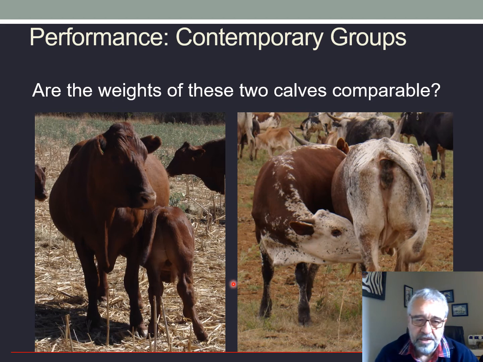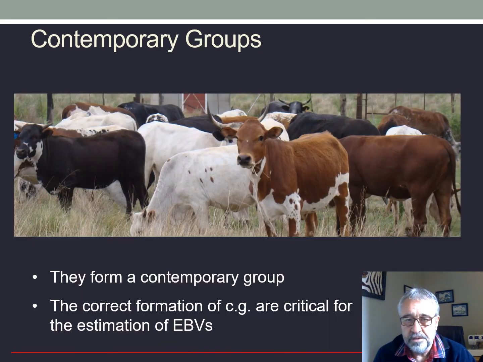Or one can say this was a bad year, calves are lighter generally, the cows produce less milk, and their mothering ability is negatively affected by that. The other problem could be a difference in the age of the two dams. The one dam might be younger than the other one, and the maternal ability is negatively influenced by that, and so forth. So there are different reasons why you cannot compare these two calves in terms of weaning weight.